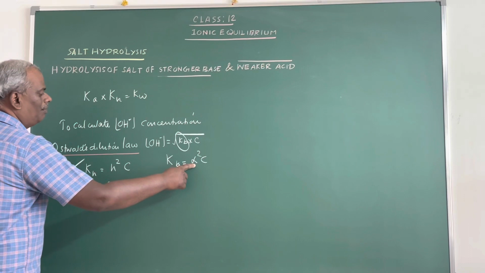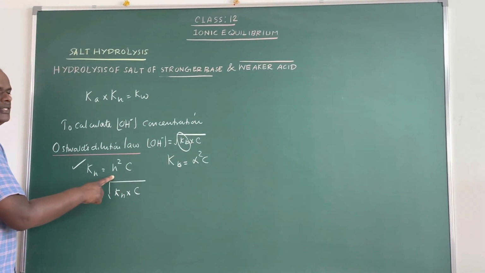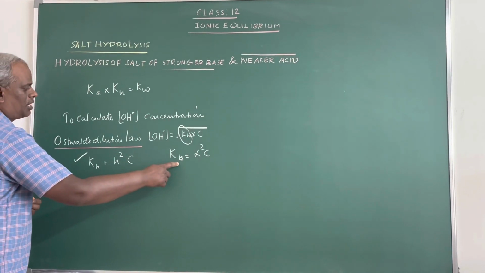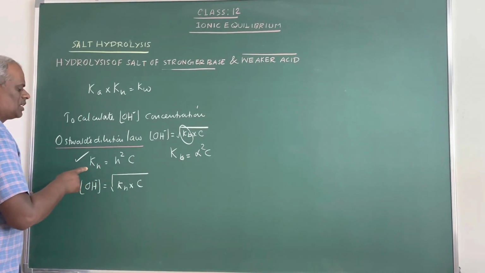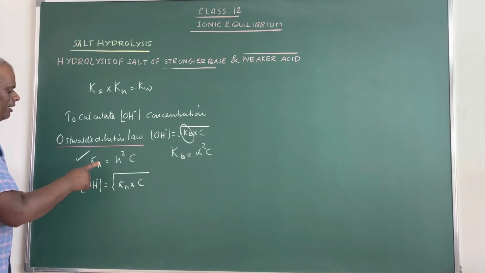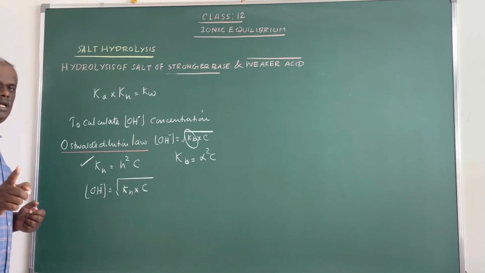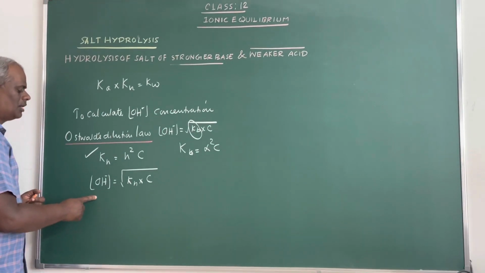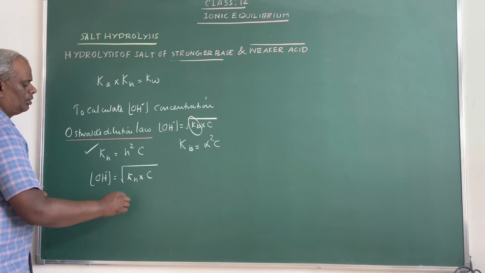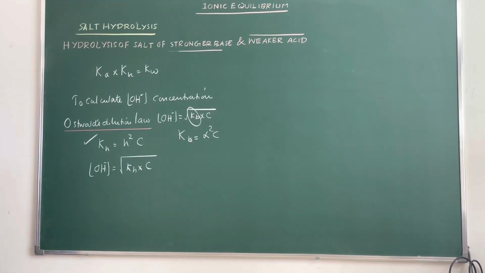This is degree of dissociation, this is degree of hydrolysis. This is the dissociation constant of base, this is the hydrolysis constant of this salt. And with the help of the hydrolysis constant of this particular salt, the hydroxide ion concentration is equal to the square root of Kh into C.